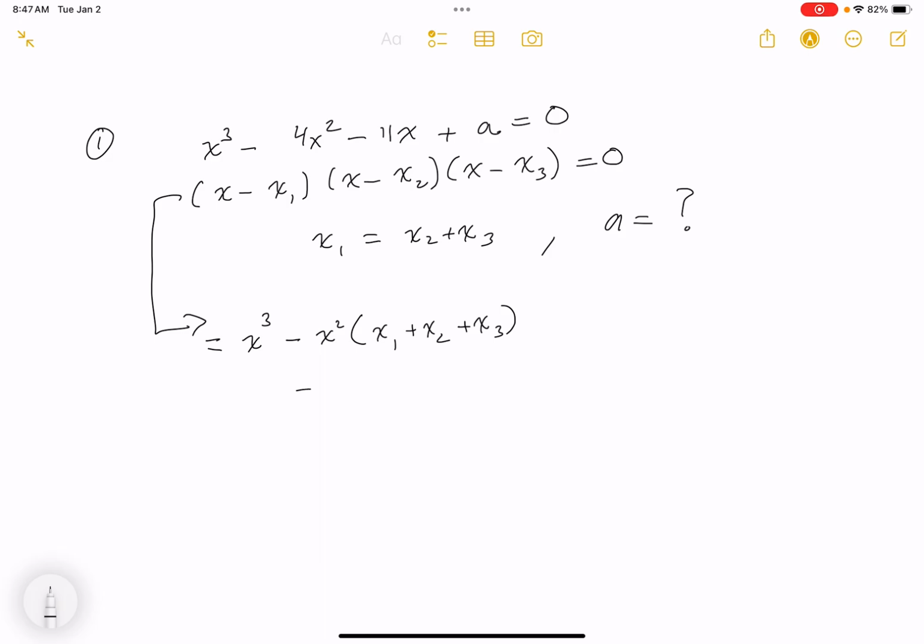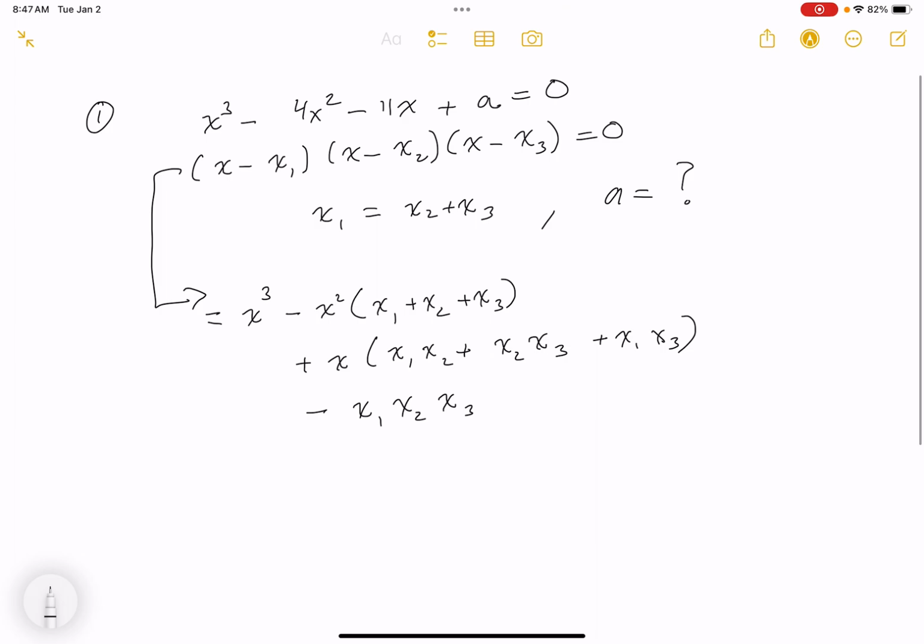That's going to be plus x. And what do you get there? x1, x2, plus x2, x3. And then you're going to get x1, x3. And then you're going to get the constant term, which turns out to be pretty simple. It's just simply x1, x2, x3.